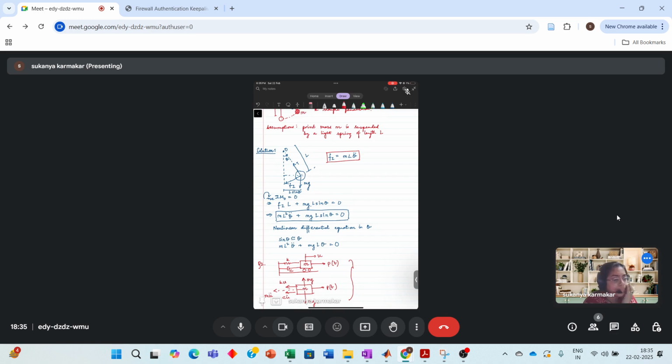Okay. So let's try this question. This was one of the doubts asked by one of the students, that how did I write this inertial force? So we know that acceleration in a circular path is v square by r.